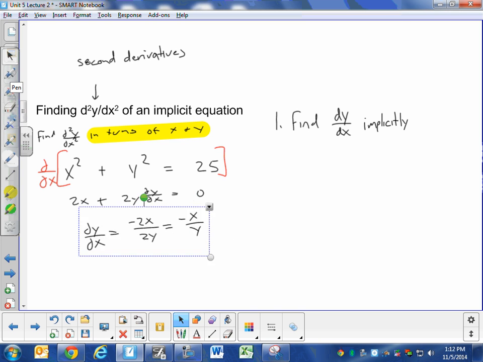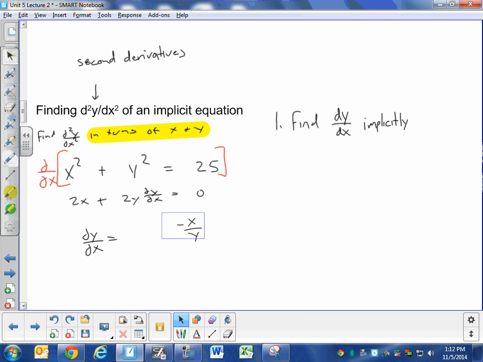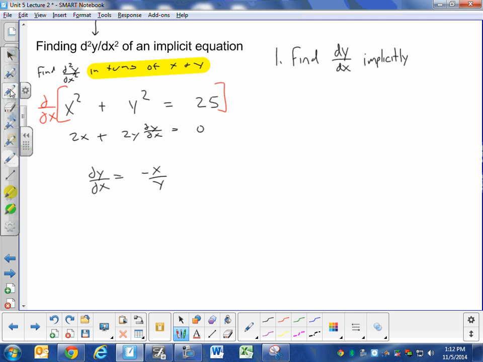Well, we need to take the derivative of this derivative. Let me show you where the d squared y over dx squared comes from. What we would do is take the derivative with respect to x again. Then the derivative of dy, you kind of do that multiplication.